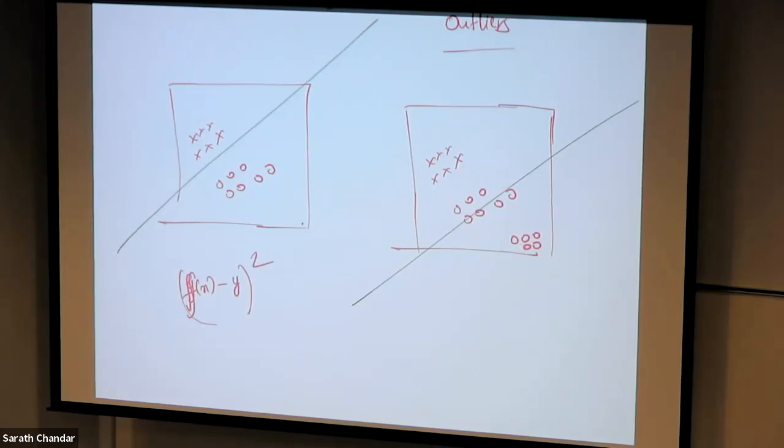So the farther away the data point goes, the more you are squaring the loss. So even if it is a correct example, you're going to have non-zero loss, which doesn't make sense, right?